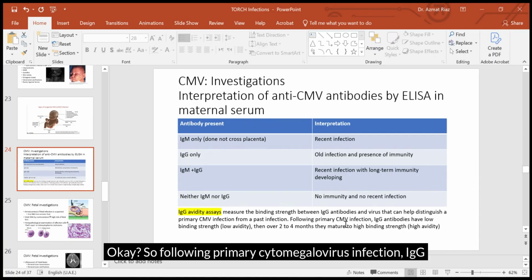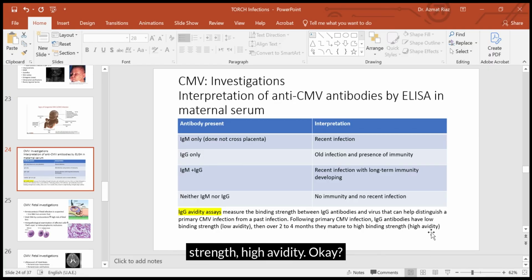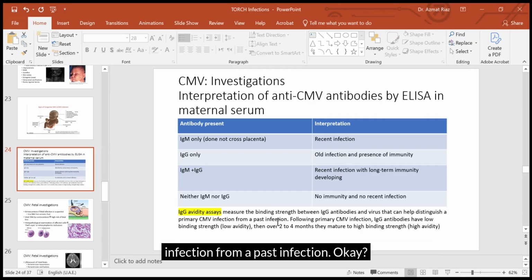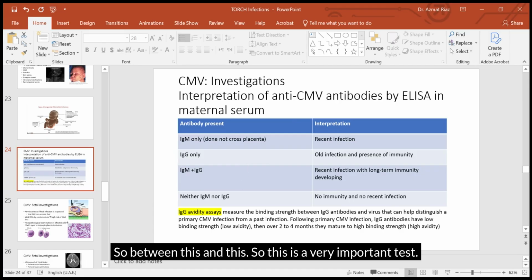Following primary cytomegalovirus infection, IgG antibodies have low avidity. Then over 2 to 4 months, they mature to high binding strength, high avidity. So it helps distinguish a primary cytomegalovirus infection from a past infection.